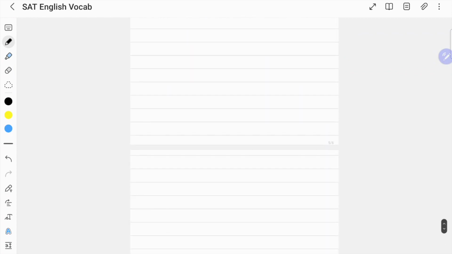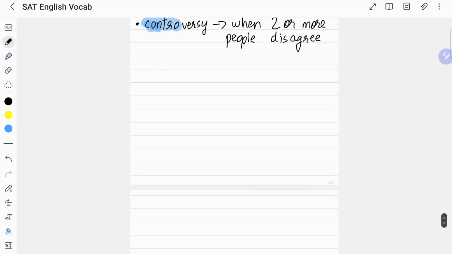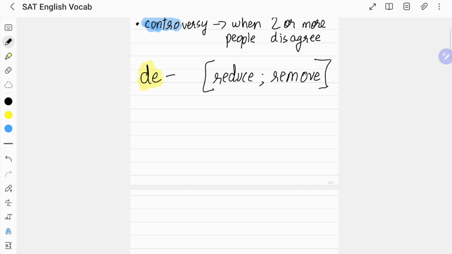Alright, so the next word we can use is DE basically. To reduce or remove. Alright, let's say when you go to an ATM, you deduct money from your account. If you want to withdraw some money, you deduct money from your bank account.